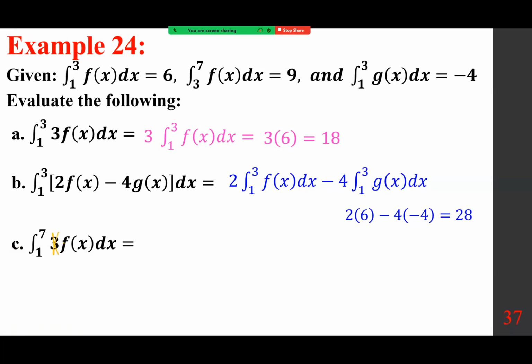So it's the integral of f of x from 1 to 7, and that's from 1 to 3 plus 3 to 7. This one plus this one. This one is 6, this one is 9, they add up to 15.